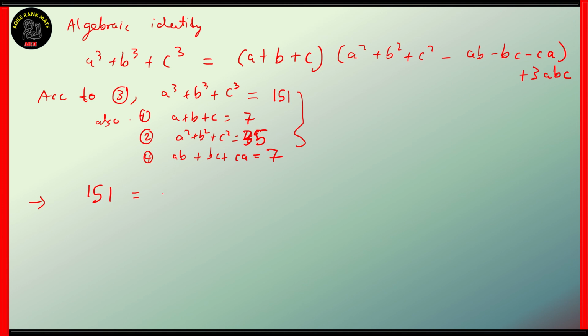The right-hand side will be 7 times 35 minus, and inside the bracket we'd have 7. If you take the minus out of all these terms here, it'll be minus of AB plus BC plus CA. So we have 35 minus 7 in the bracket, and then plus 3ABC. So 35 minus 7 gives you 28.